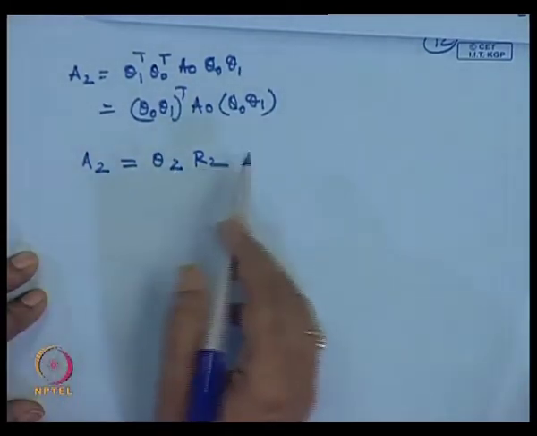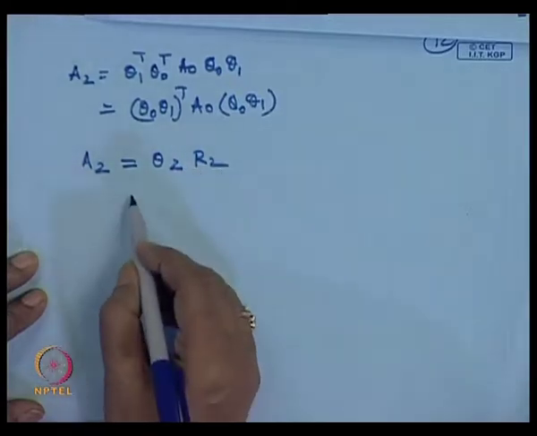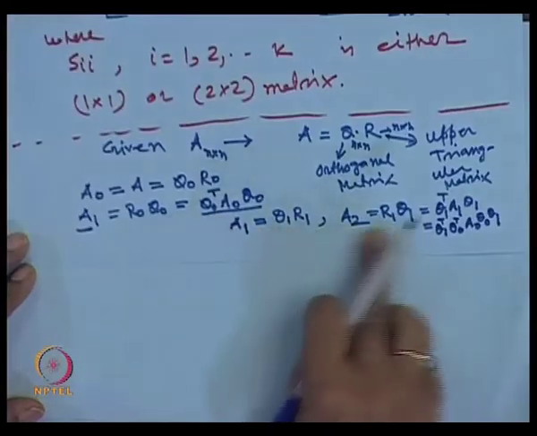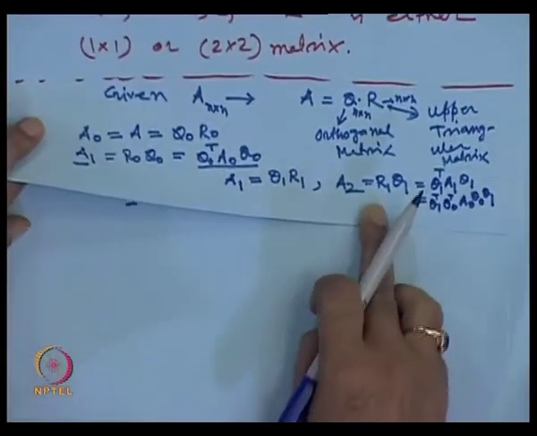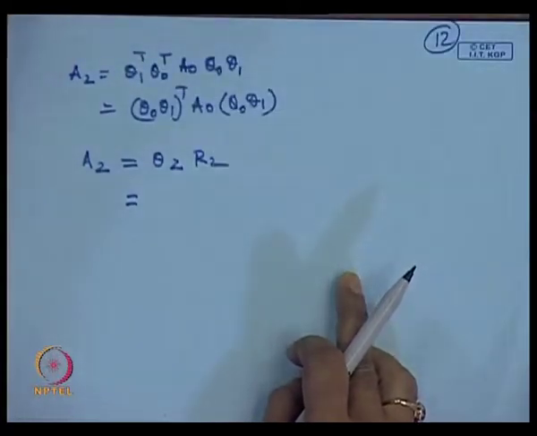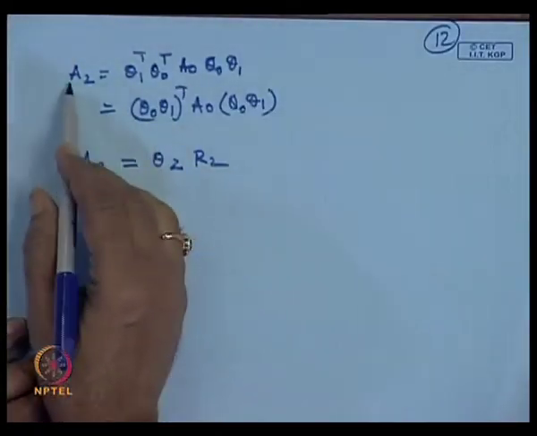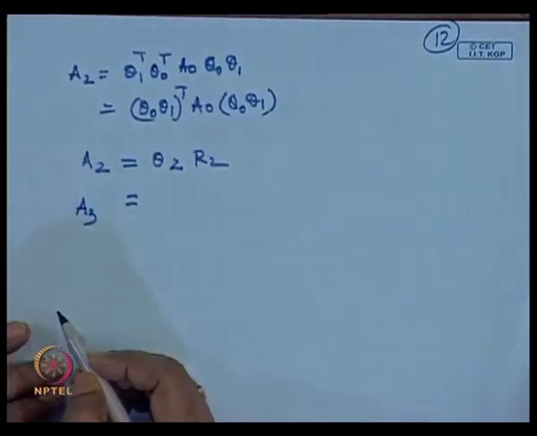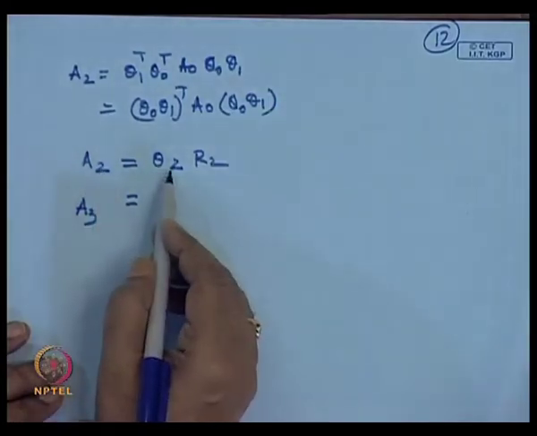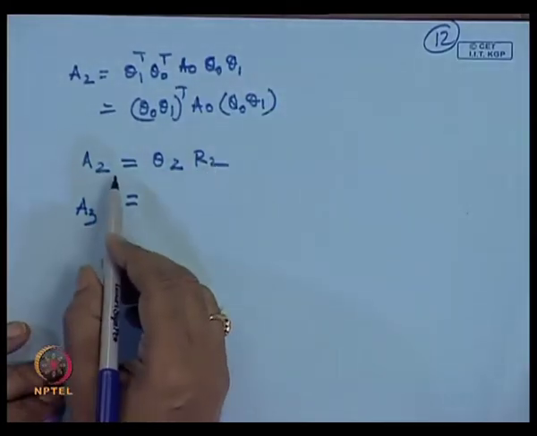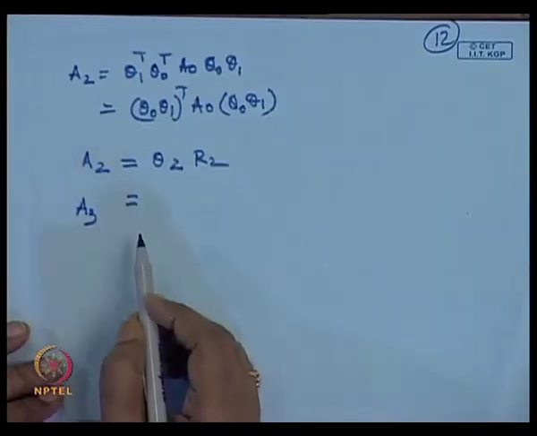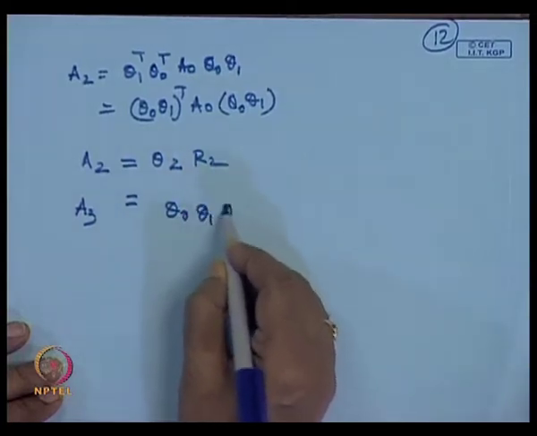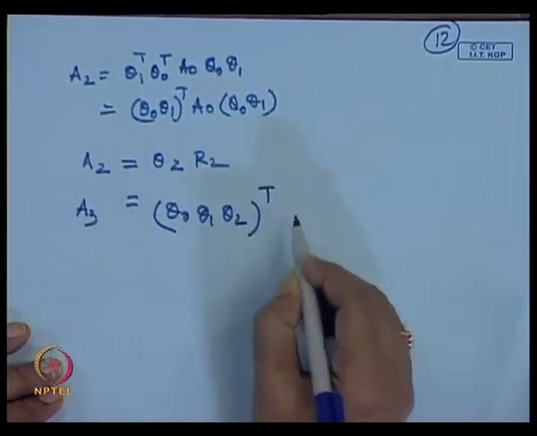I decompose this matrix, and after simplification I can write A 3 in this way. Similarly, I can write finally Q 0, Q 1, Q 2 whole transpose A 0, Q 0, Q 1, Q 2.